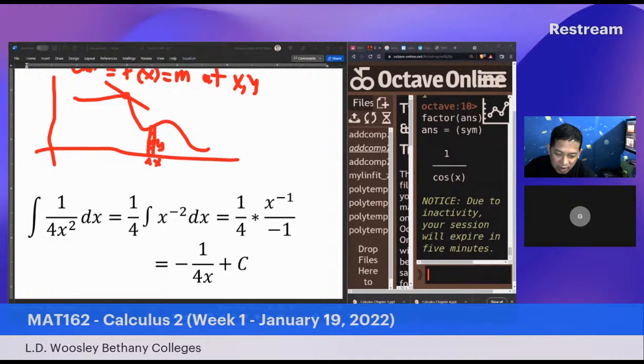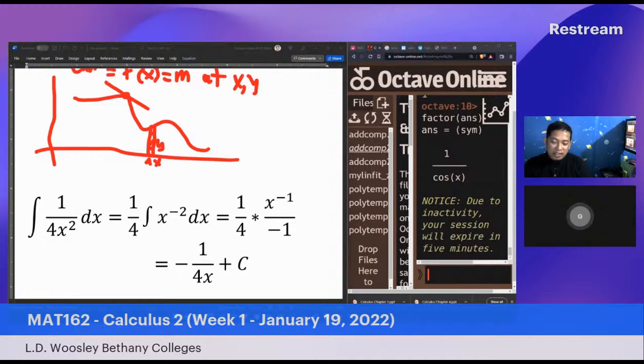Alright. Hanggang anong item ka na-solve? 12 po. Sige, what's for number 12? For number 12 po, yung rewrite niya po is 8 integration of x cubed dx minus 9 integration of x squared dx plus 4 integration of dx.